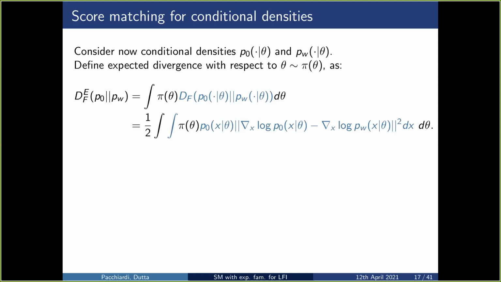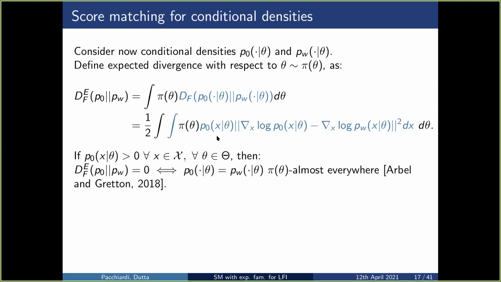So how do we define the divergence? We notice that we are considering an expected divergence with respect to theta, which is coming from the prior distribution. And the simple trick is this: we compute for each theta the divergence coming from the score matching and integrate over the prior of theta. And the functional form would be looking like that.